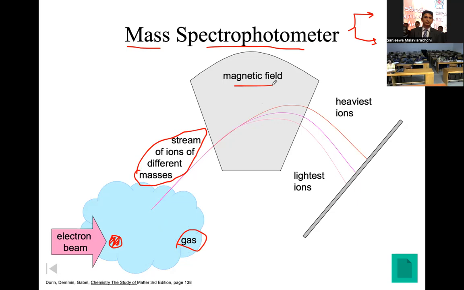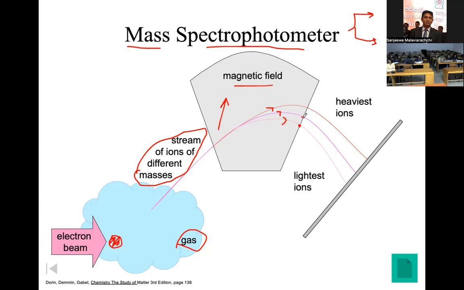You put all this mixture into a magnetic field, and with the magnetic field there is an acceleration, right? So they will have different speeds. That means the different ions will be separated into different segments, right?